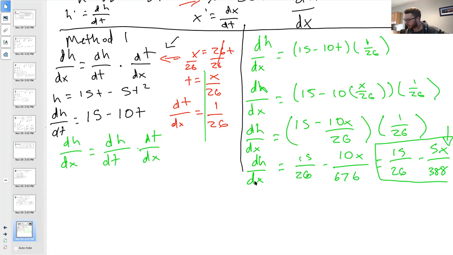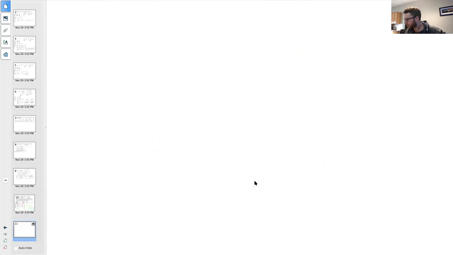Okay, so I'm going to show you another method to do this. Method 2: as the question is saying, we need the derivative of h with respect to x.